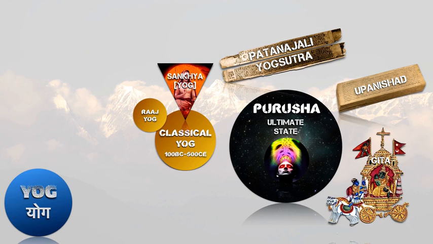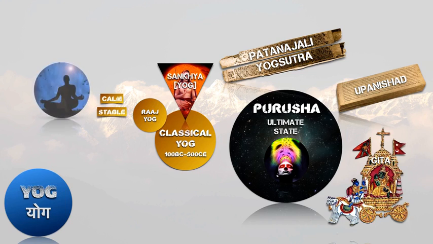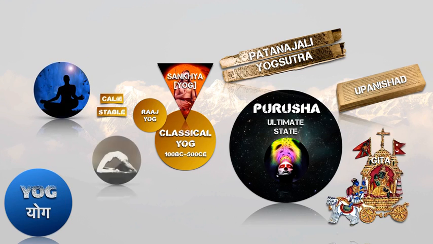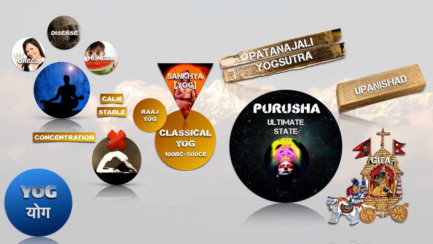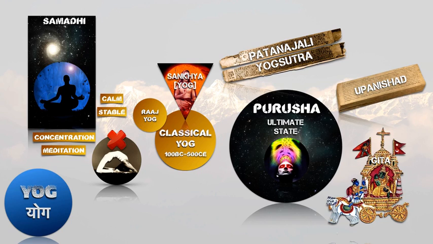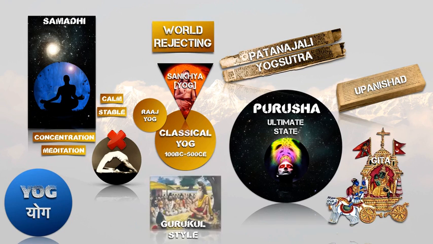It aims to make the body calm, steady, and stable without any rigorous asana, and further through concentration and meditation devoid the mind of sensory perception, which enables one to enter into a state of samadhi, where the physical world ceases to exist, or the illusion of the world vanishes. It is thus world rejecting. It is propagated in Gurukul style with student to teacher transmission.